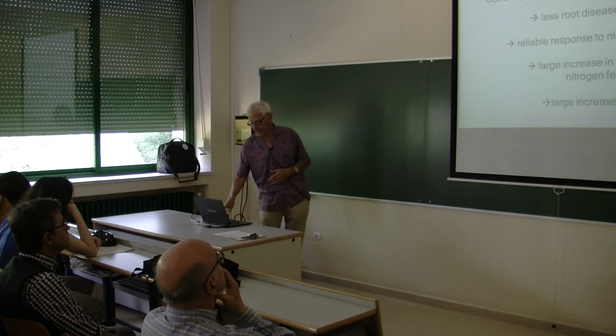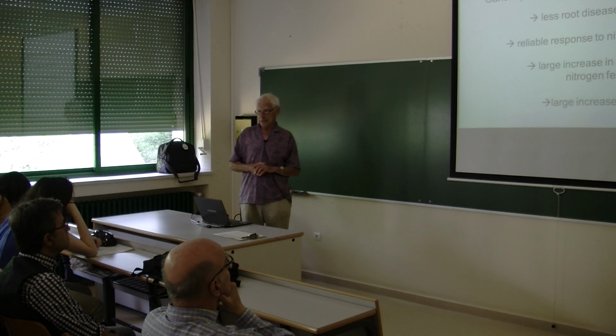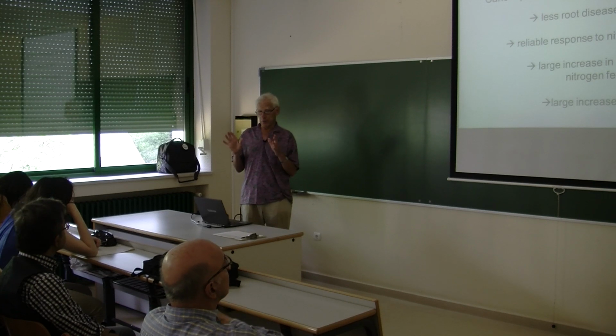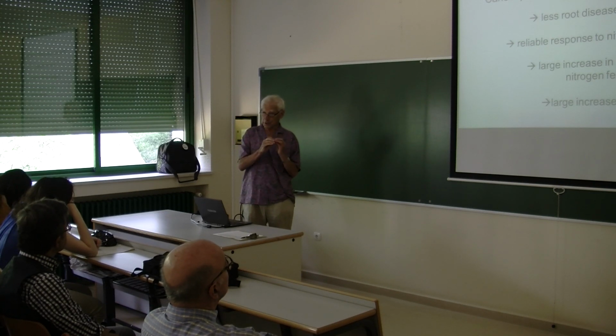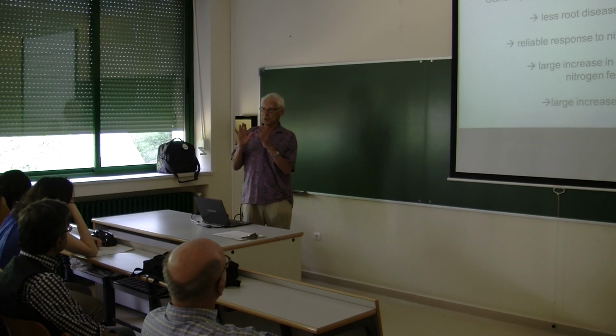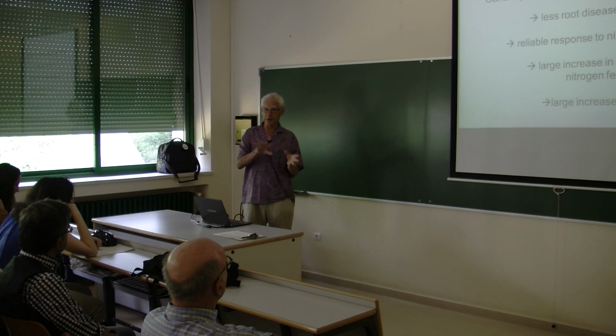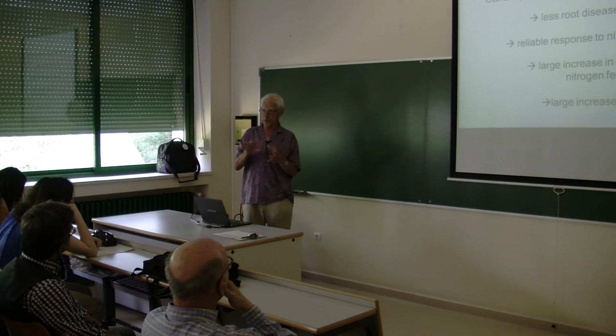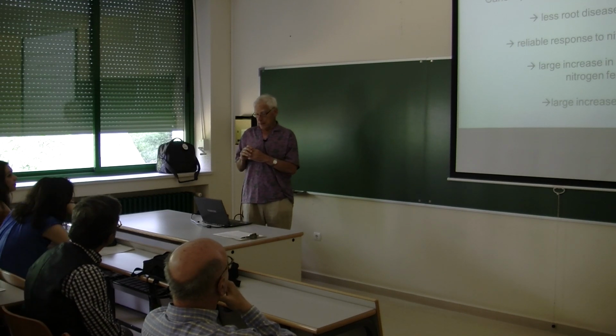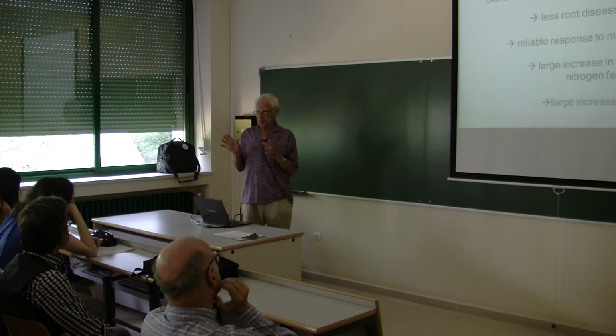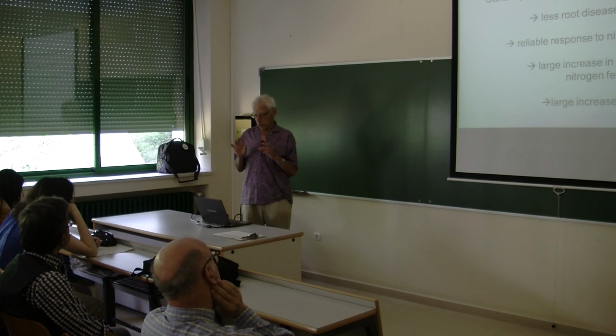So the sequence of events, once root diseases were recognised, was that canola, plus herbicides for removing grasses during the summer fallow, which carried over the diseases of the wheat, gave less root disease, which gave a more reliable response to nitrogen.